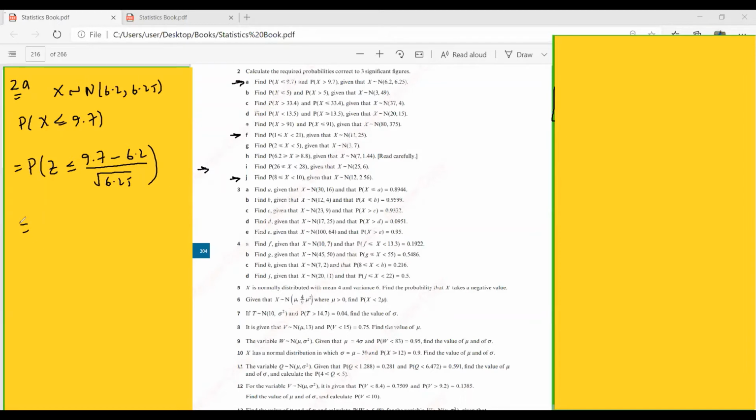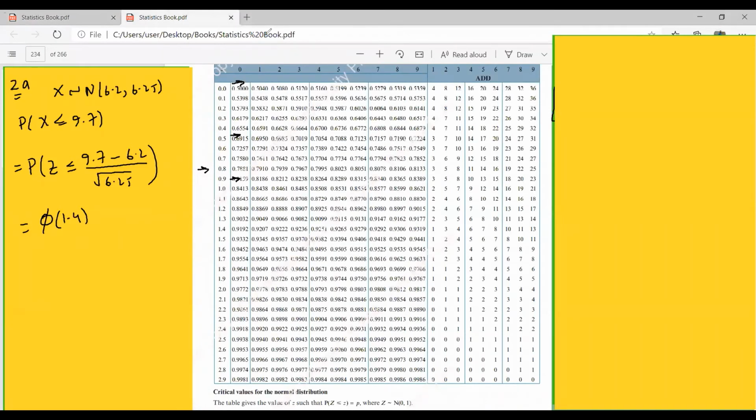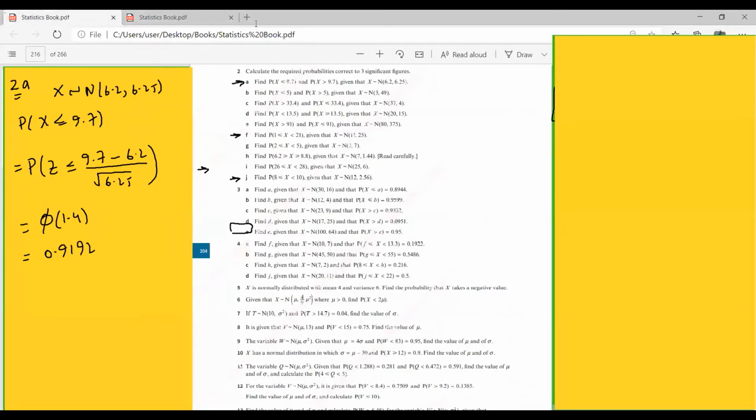Let me use the calculator: 9.7 minus 6.2 over 2.5, so we have 1.4. So this is phi of 1.4. We'll go to the table. 1.4 is here, 0.9192. That is it.